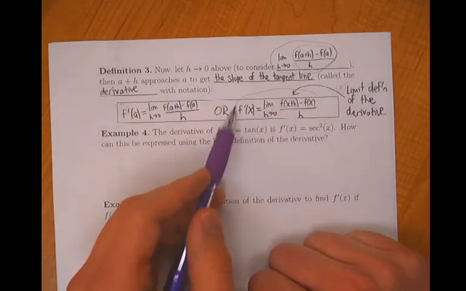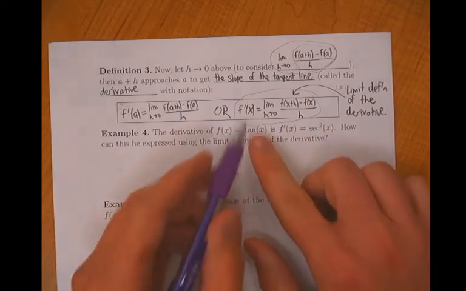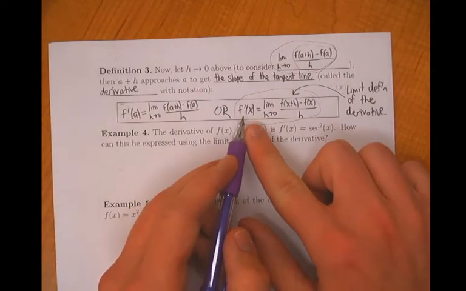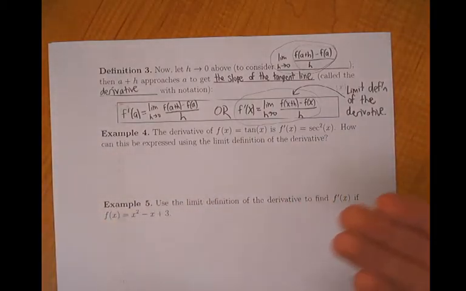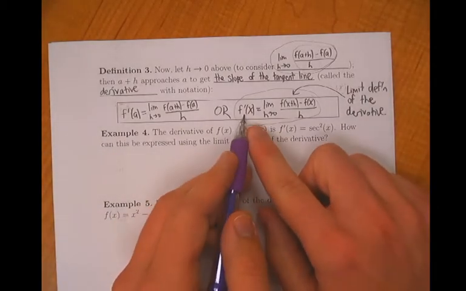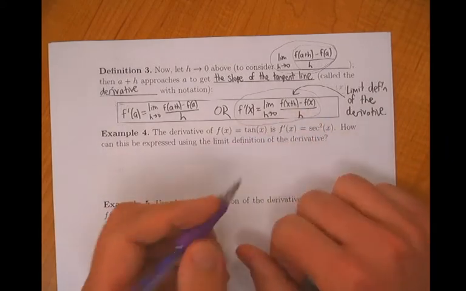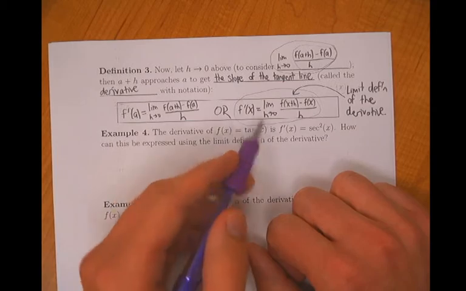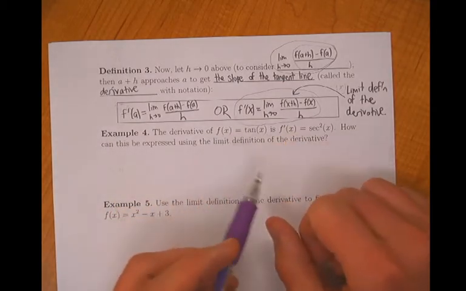Now we're trying to figure out how this can be expressed using the limit definition of the derivative. Okay? If we look at the limit definition, we have three quantities that involve f in some way, shape, or form, or its derivative. We have f prime of x, we have f of x plus h, and we have f of x. The good news is, this problem already gives us f and f prime.